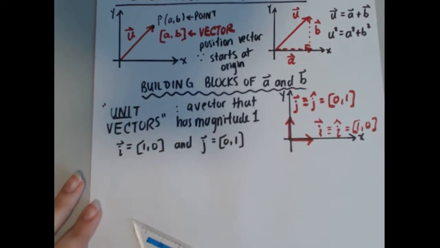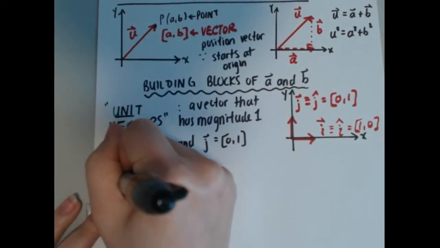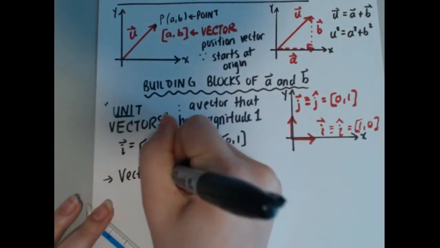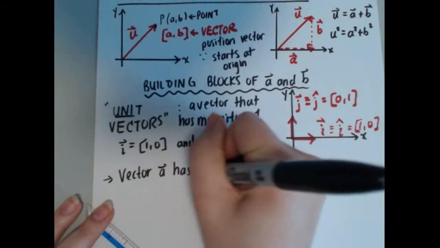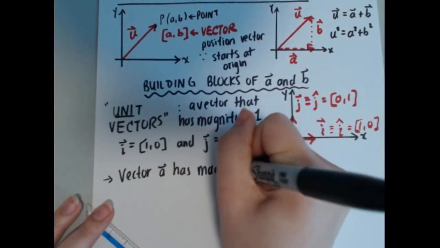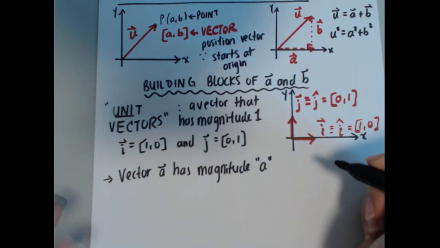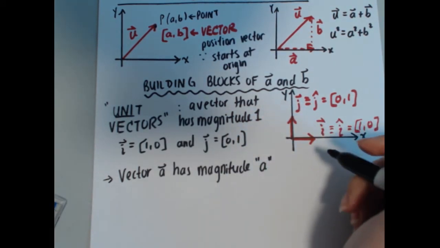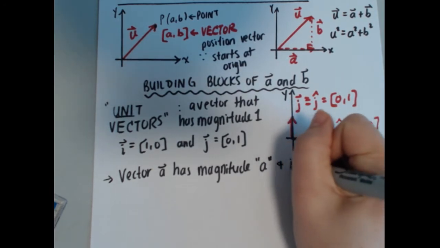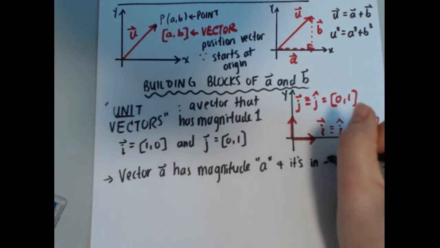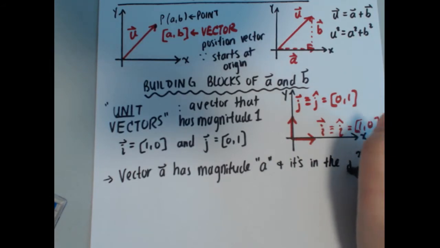Okay, so what I'm going to look at now is this. Vector A has magnitude A, right? So the magnitude of vector A is just A, whatever it is, and it's in the x direction.